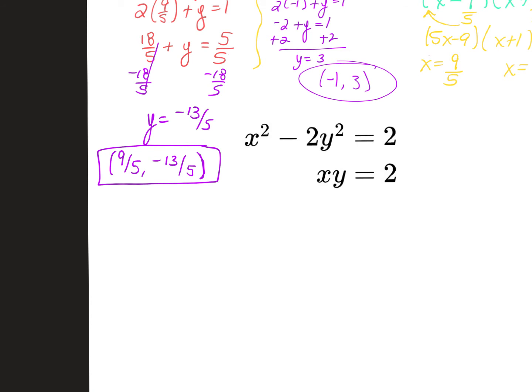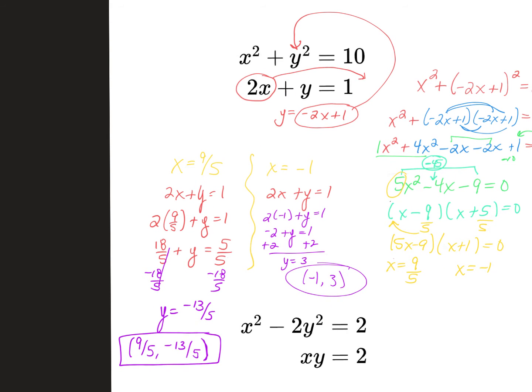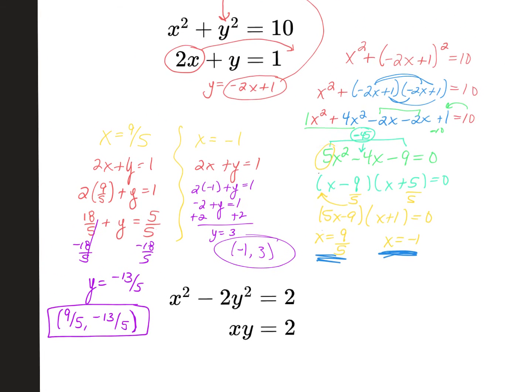I plugged in negative 1 for x squared plus y squared equals 10. So, you mean at the beginning or right here with your answer there? I found my two x values. Did you find both of these as your x values? Okay, so you had negative 1 squared, and the negative 1.